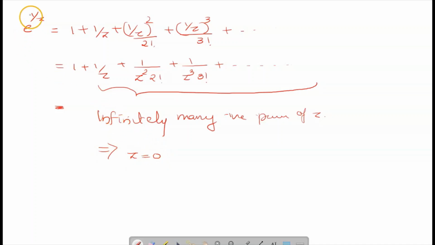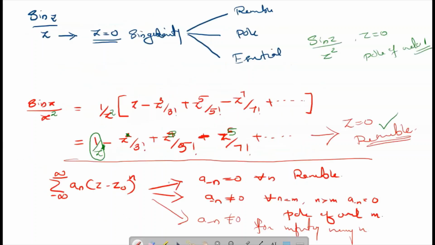That means e raised to 1 by 0 is infinity, it does not exist. So, z equal to 0 is an essential singularity. It is not defined for z equal to 0. So, if we have infinitely many negative terms in the Laurent series expansion, then it is an essential singularity.